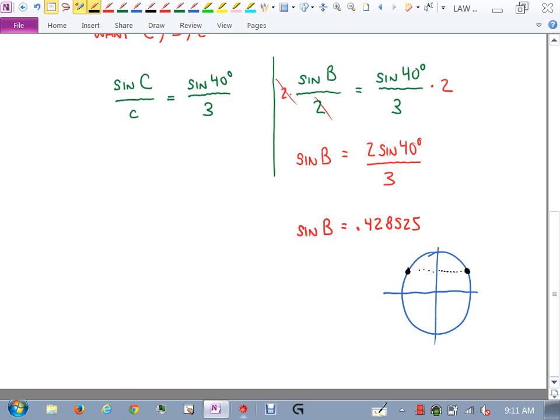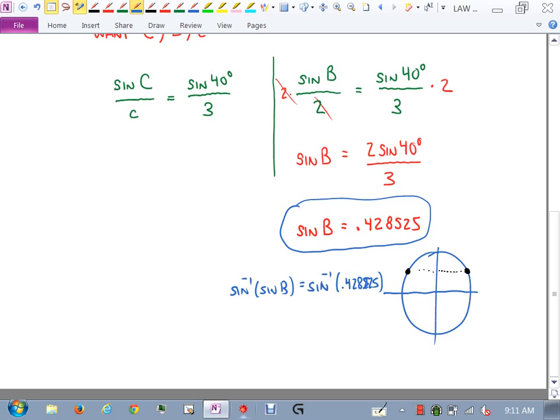Now, when I use my calculator and I do arc sine or sine inverse, I'm taking this equation, I'm doing the inverse sine on both sides. But when I do the inverse sine, remember my calculator is only going to give me an answer that lives between where and where.